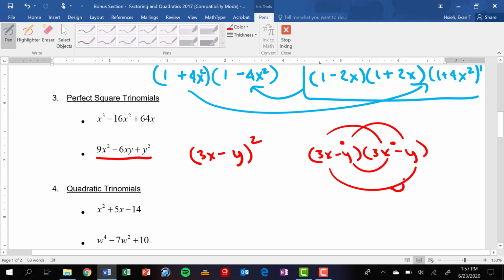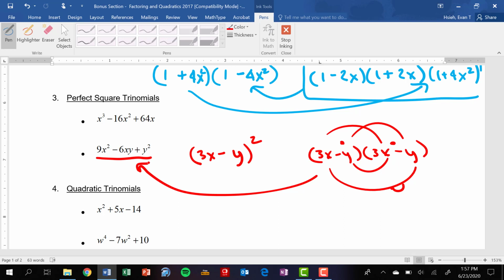Okay, and I can multiply that, and what you should get when you multiply it all out is what you started with. So there's really no reason when you're taking a factoring test or there's a factoring problem, there's no reason for you to not know if you got it right or wrong. You just need to multiply it back out and see if you get what you started with.